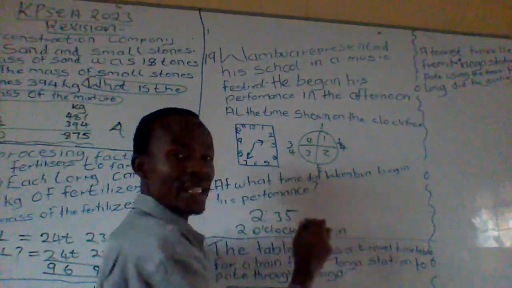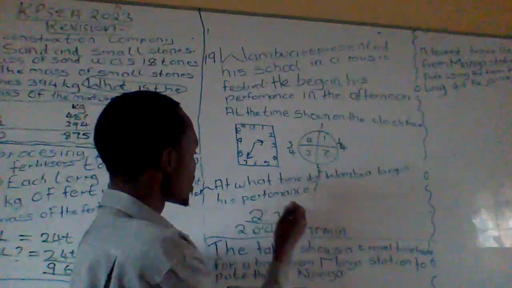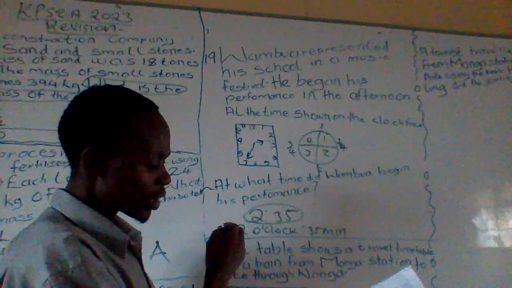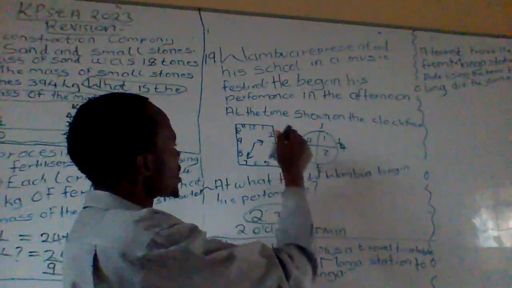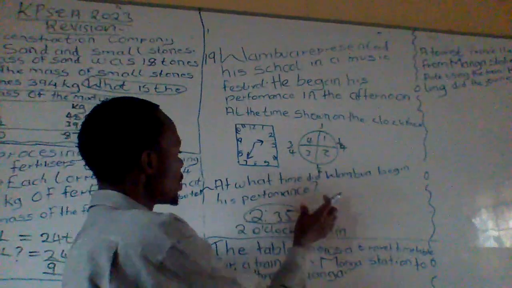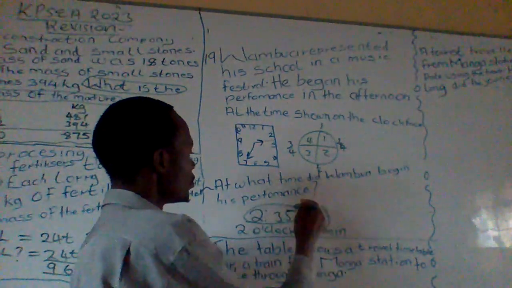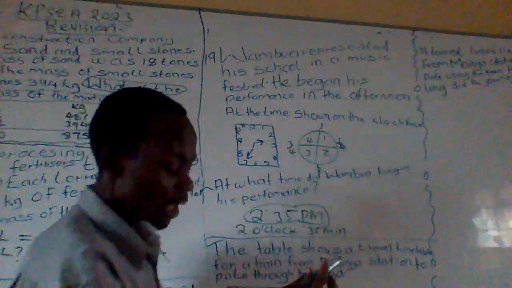Or we can say 5 minutes past 2 o'clock. But this is the answer that is on the multiple choices. So what time is it? This stick is past this, so it means it will be PM. Don't confuse yourself. It will be PM.